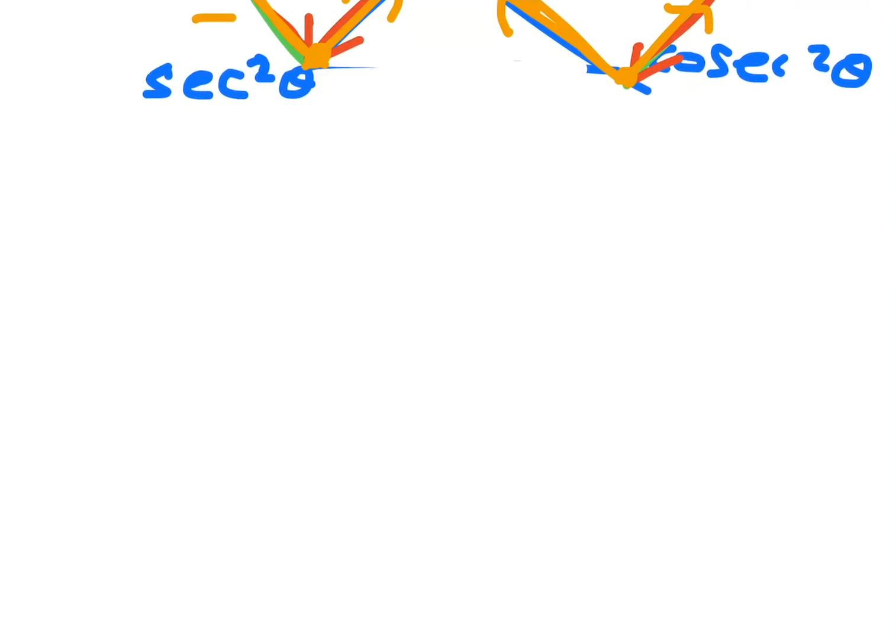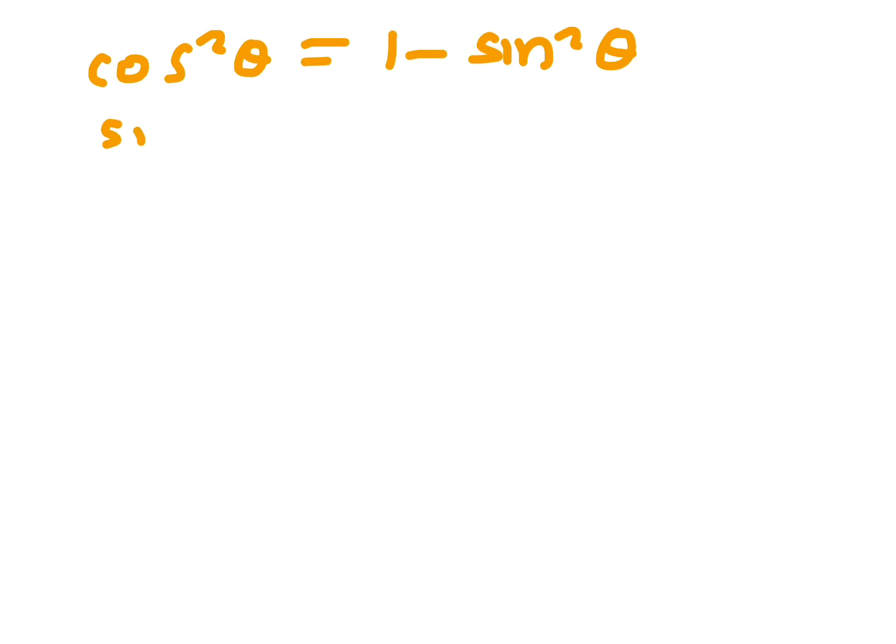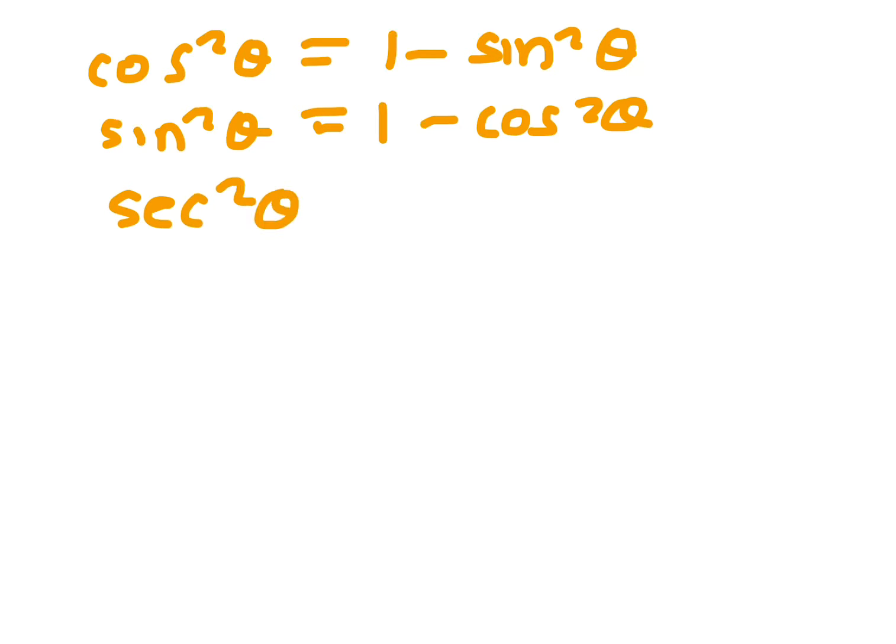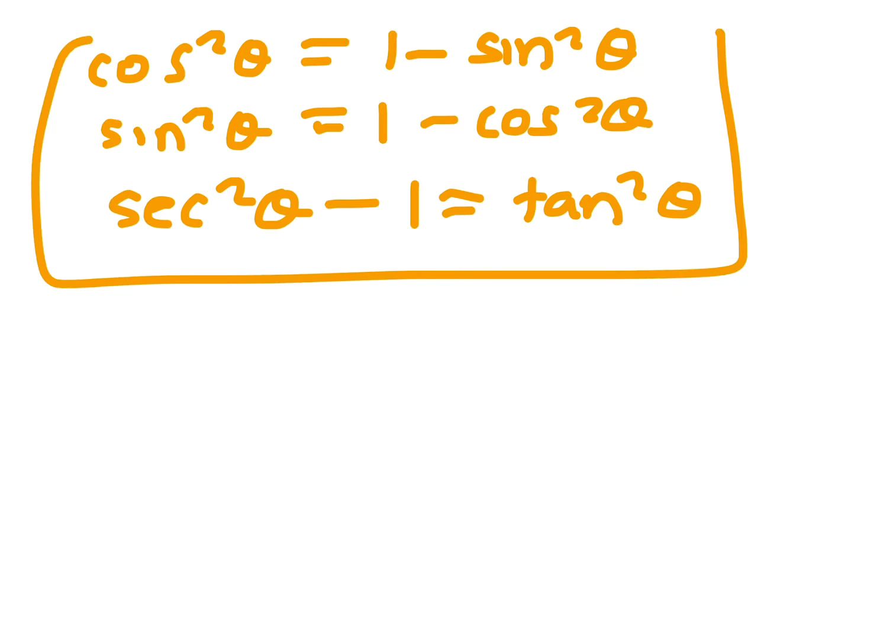But in some ways, I think it's easier if you just really put these to memory. Cos squared is 1 minus sine squared. That needs to be automatic. Sine squared is 1 minus cos squared. And another one that frequently comes up is sec squared theta minus 1 is tan squared theta. I think they're really, really important.